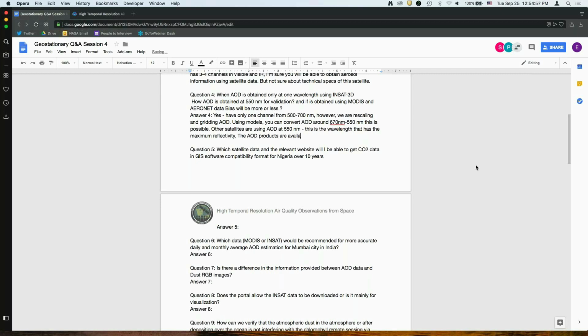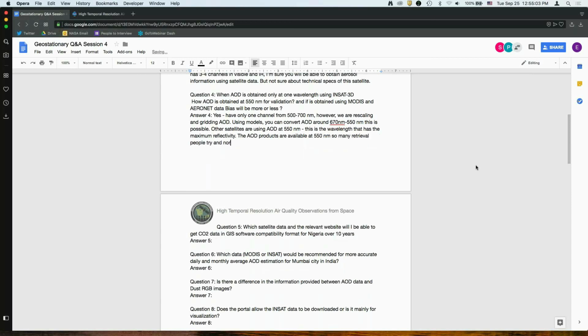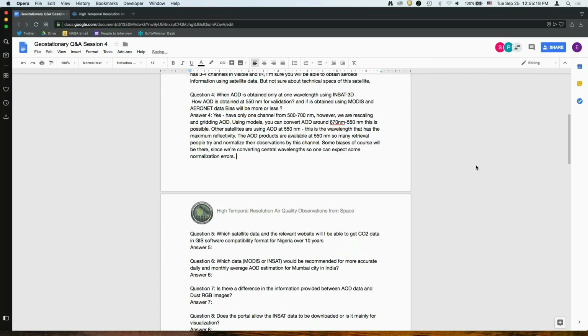That is why many retrieval people try to normalize their observations at 550 nanometers. Some biases, of course, will be there because we are converting the central wavelength AOD to 555 nanometers. So one can expect some normalization errors, and we need to quantify them.